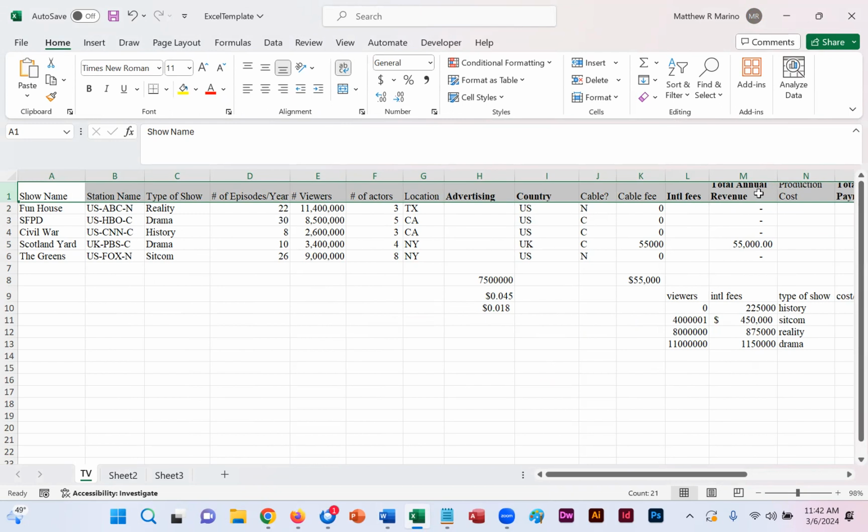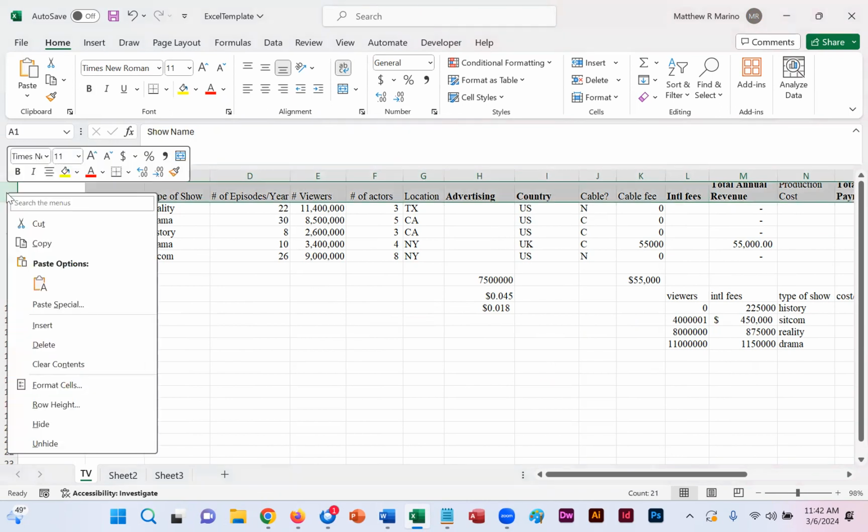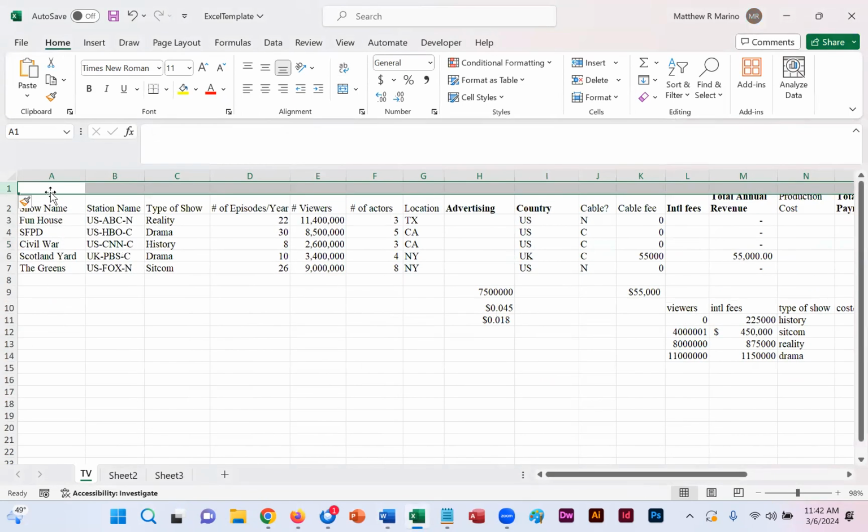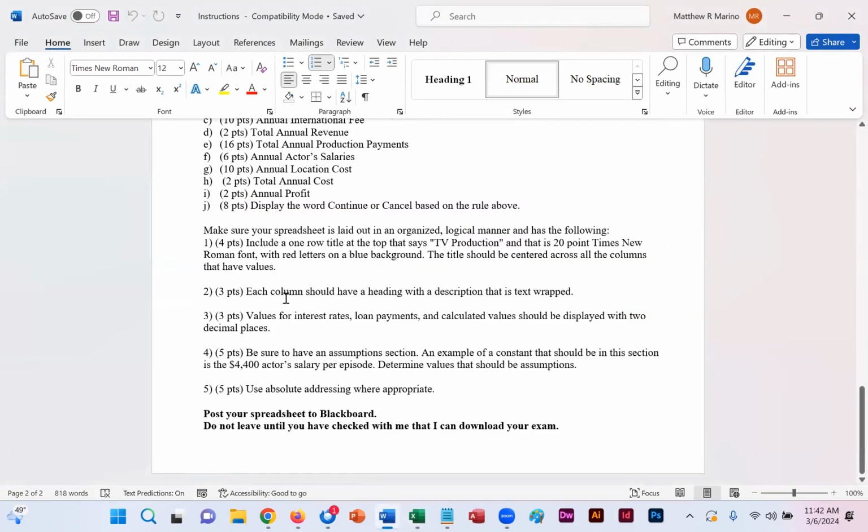It basically allows you to see everything. And then the last piece, you click row 1 and insert, and then put in the title as described for 4 points. So TV production, 20 point Times New Roman font.